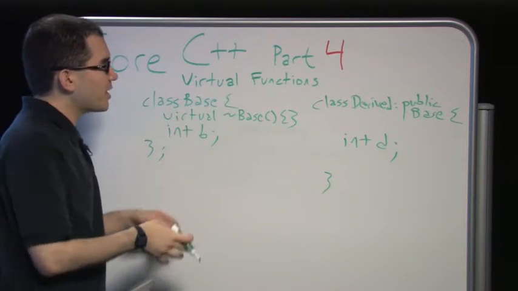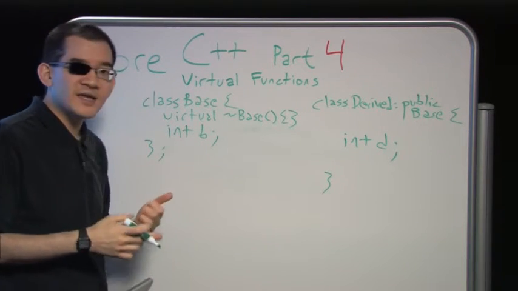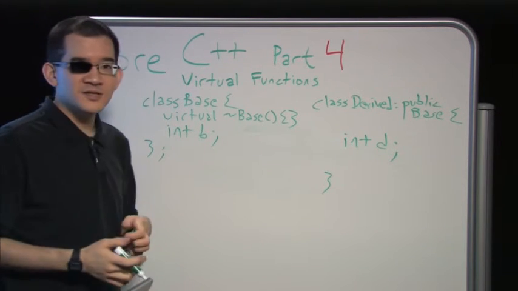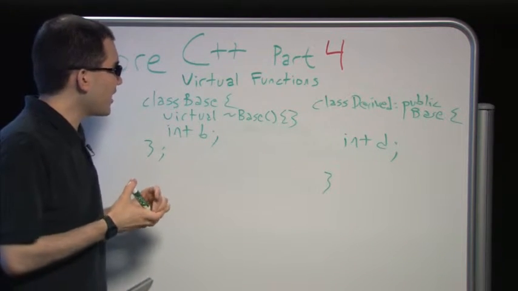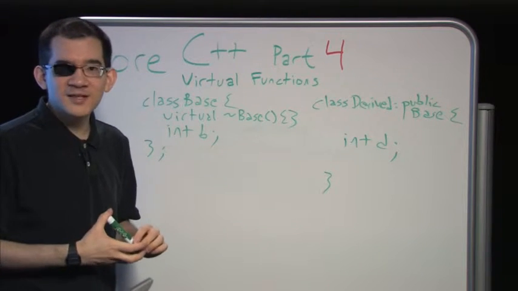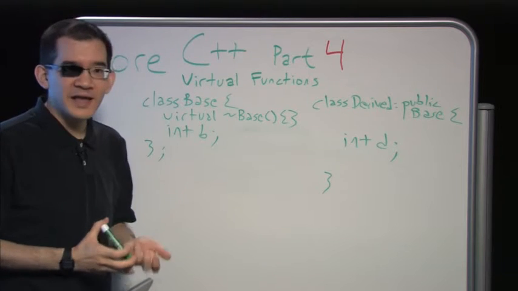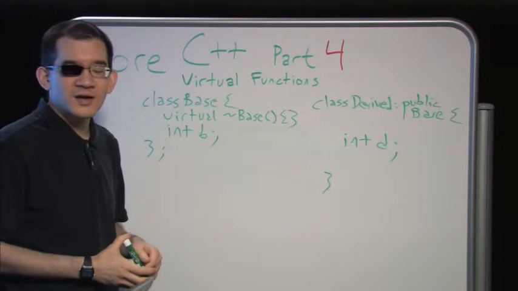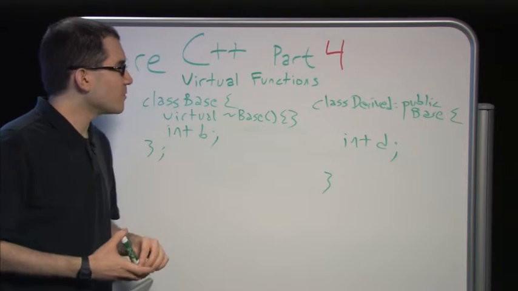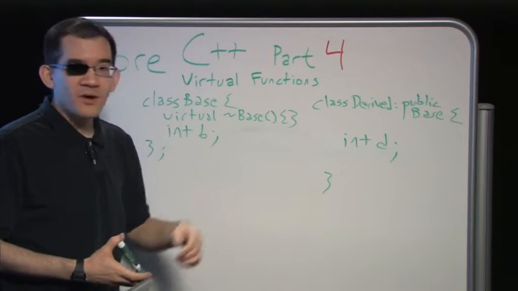If I literally write this, but I don't take any steps to make base non-copyable, then the compiler says, oh, you've got a class here, and just like you can copy structs in C, I think you should be able to copy this class too. So if you haven't declared a copy constructor and copy assignment operator, C++ says, oh, well, I'll generate one for you. And then derived will also be copyable.